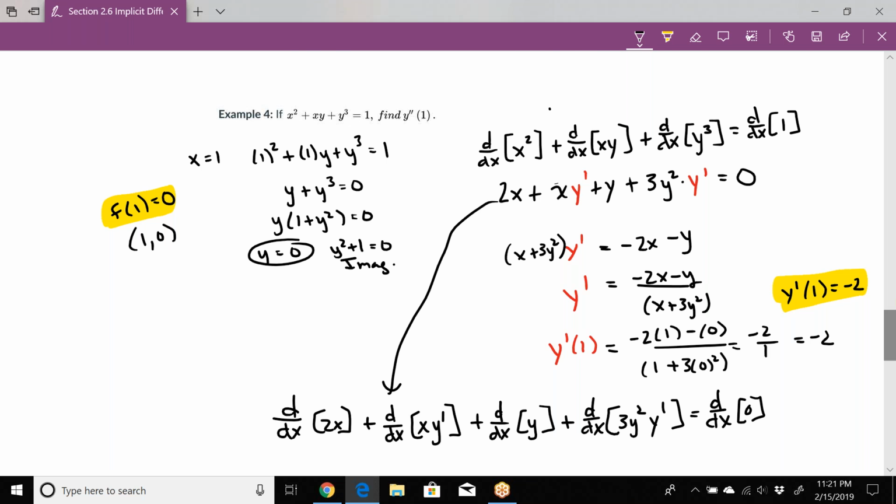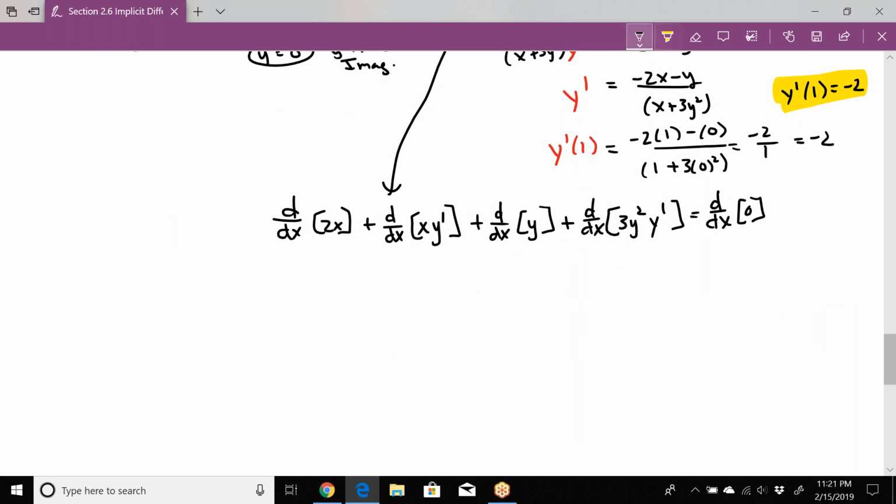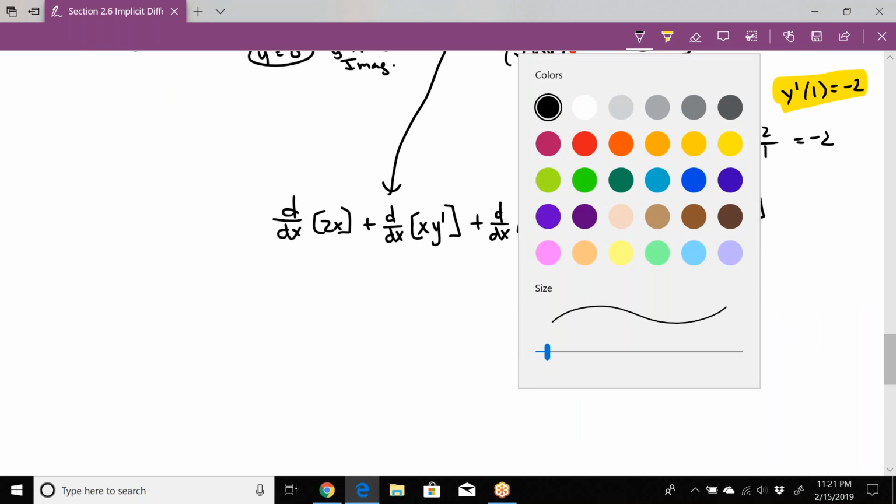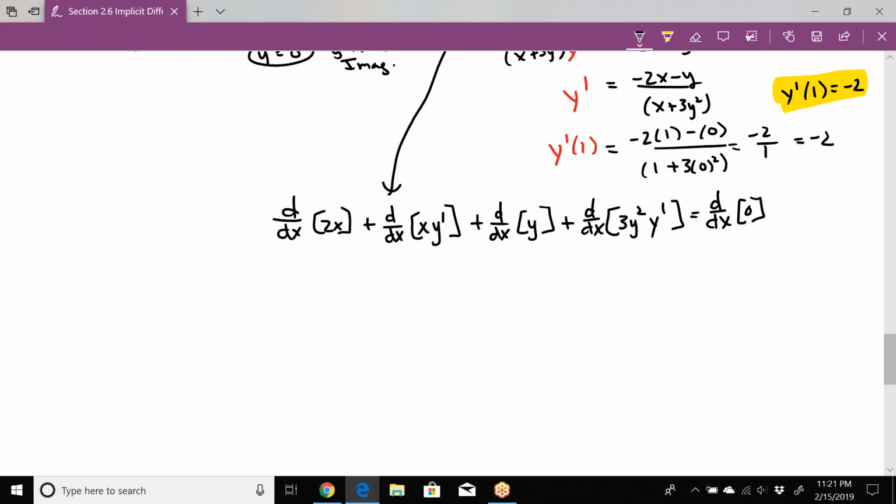Okay, so let's take these individual pieces. Anytime I encounter the y prime, I'll put it in red if that's my answer for that part. And if I have to go with a derivative of y prime, I'm going to put it in blue this time. So derivative of 2x is going to be just 2. Now this part is a product rule, so I'm going to have to be careful here. So this would be first times derivative of the second.